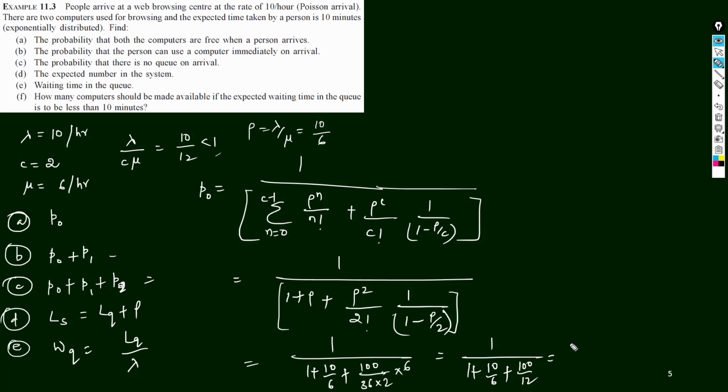So the value coming is 0.0909. That means the probability that no person is there is 9%.